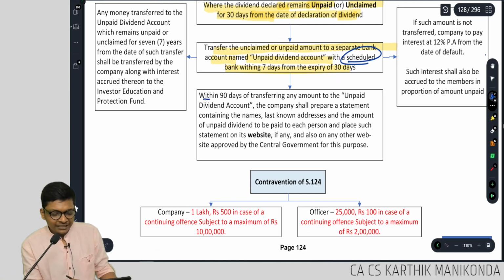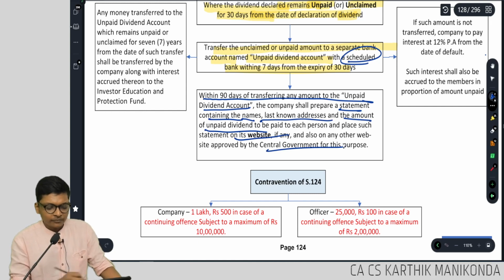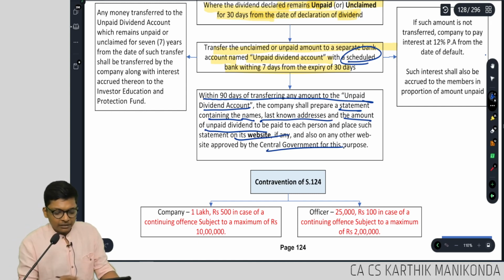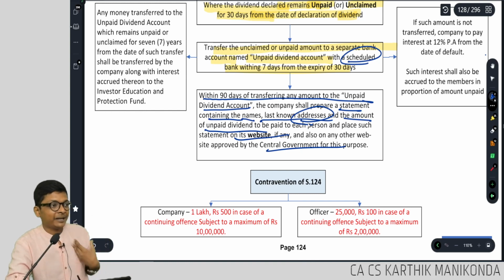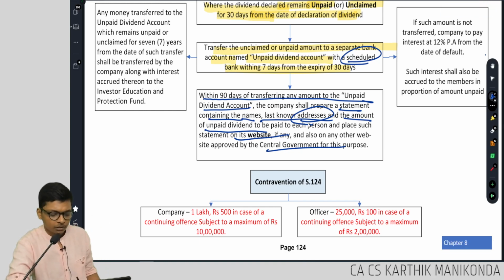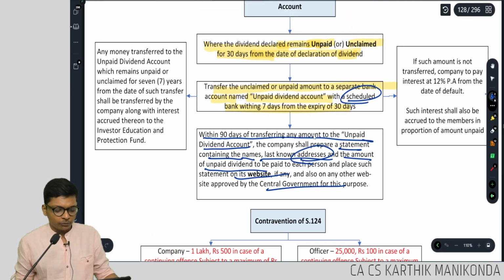Then within 90 days of transferring to the unpaid dividend account in the scheduled bank, company should prepare a statement containing names, last known address, amount of unpaid dividend and place it on the website. But now amendment is this address you will not place. Only name will be placed. Privacy guys. Are you following? If you don't follow section 124, then let me finish other provisions.